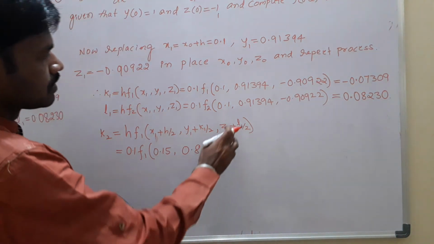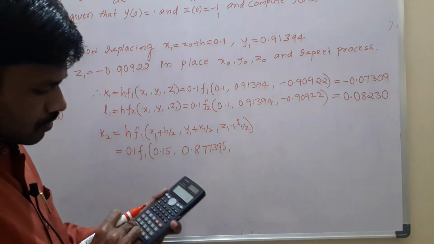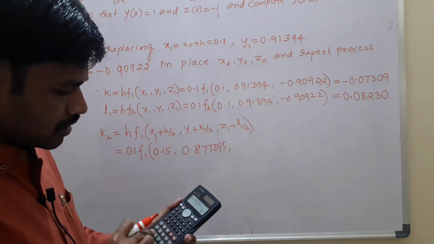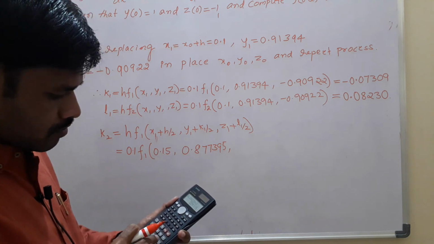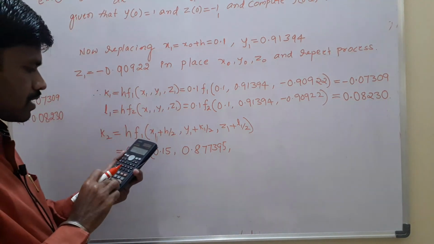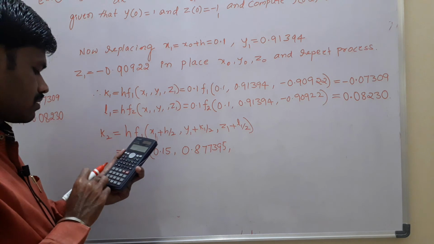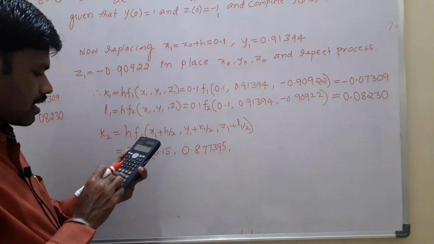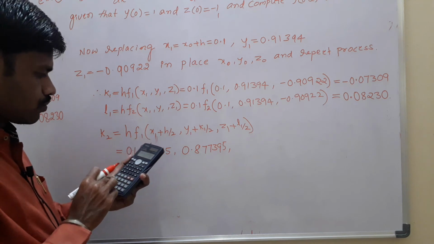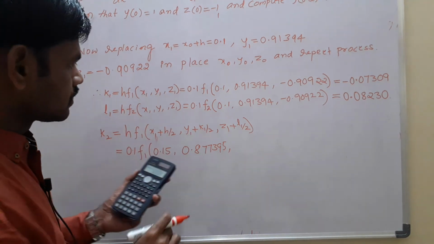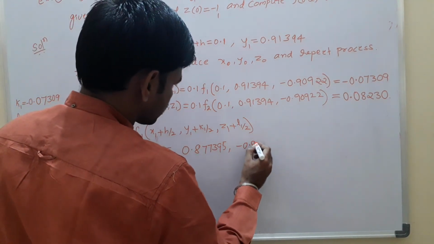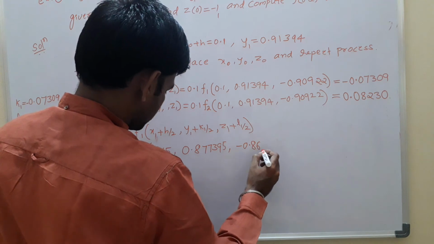L1 is 0.08230 divided by 2, so z1 is minus 0.90922, that is minus 0.86807.